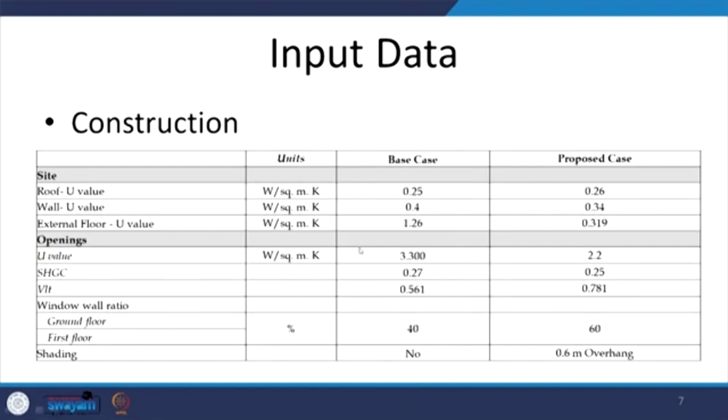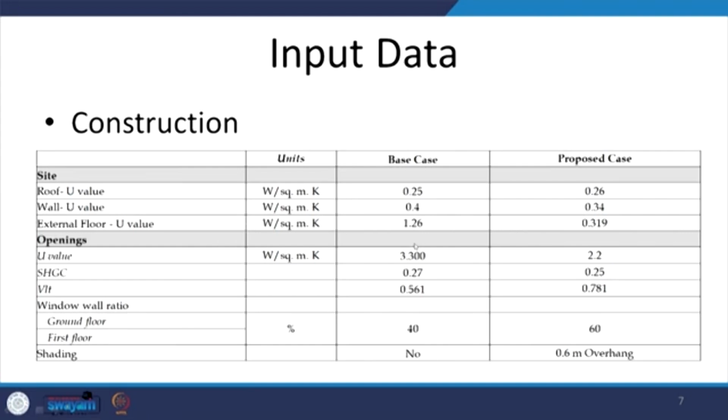The base case which we created, if you remember, we had created the construction typologies for walls, roofs, windows, openings, everything as per ECBC prescription. So, if we are looking at U value here, we created a roof with a U value of 0.25, which is as per ECBC, wall with a U value of 0.4 and external floor with a U value of 1.26.